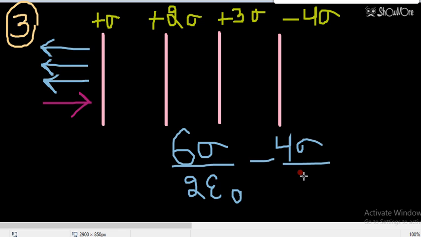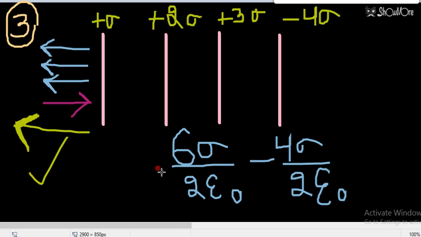So this will be the resultant electric field. You can note down the resultant electric field will be 2 sigma by 2 epsilon naught, and its direction will be in the region 1. The direction will be towards left direction.